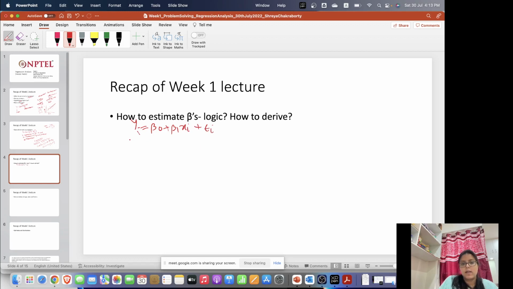So this is our model, but we need to find out the predicted value of y, let's say given by y hat, by values of x. So for that we need the estimates of beta naught and beta 1. So what was the logic and how to derive the estimates of betas?